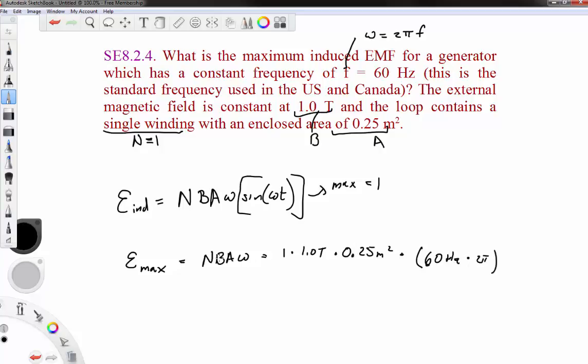So if we multiply all these together, you get 30 times pi volts. So E max, 30 times pi, basically is going to be something like 94 volts. So that is what the maximum produced voltage for this generator is.